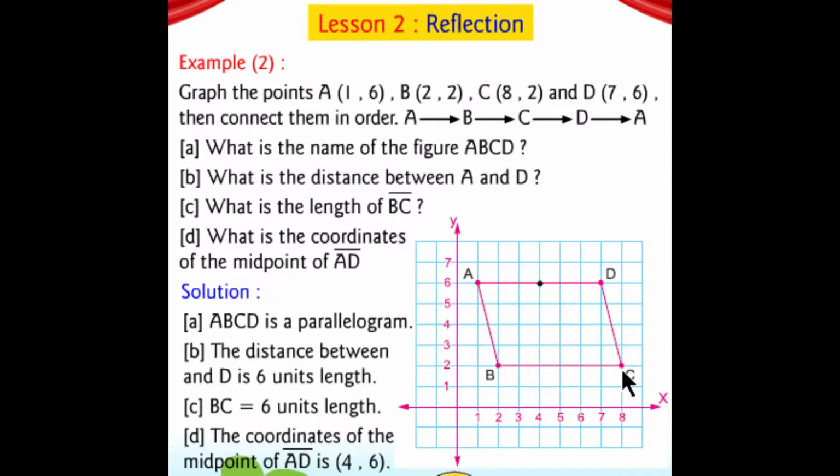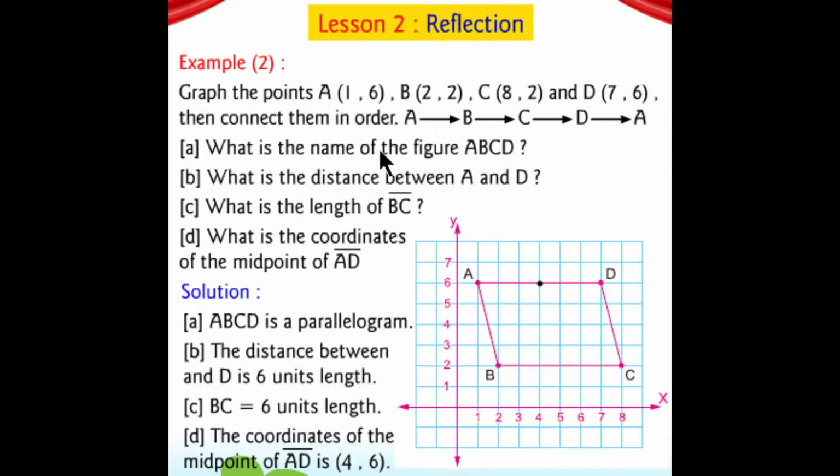Put point (8, 2), the point C. Point D, (7, 6). The point D, (7, 6). And connect them in order: A to B to C to D to A.